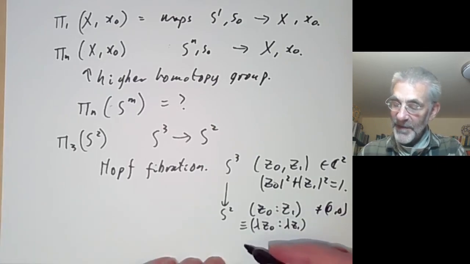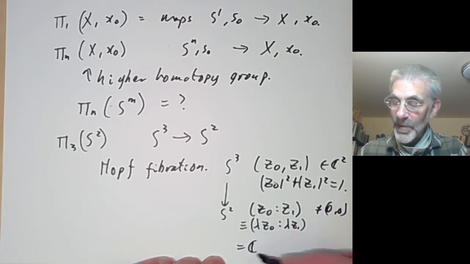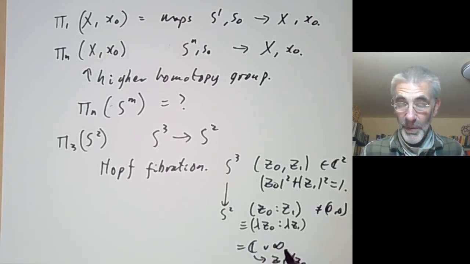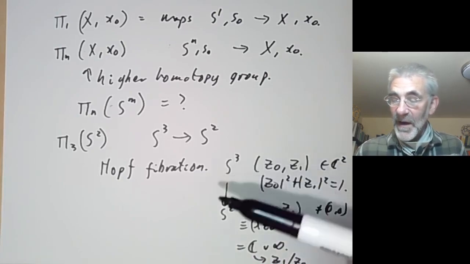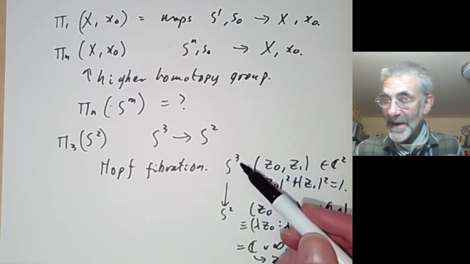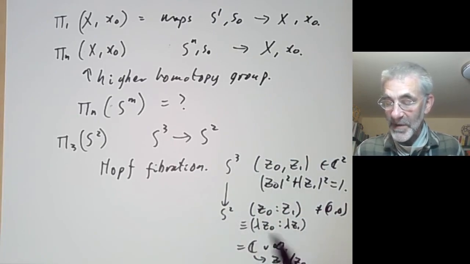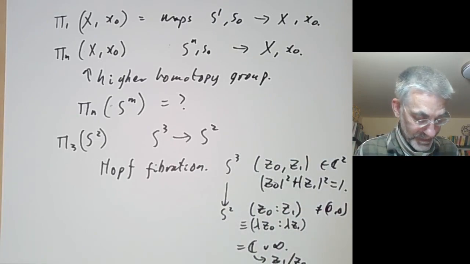And you can identify this with the complex line union a point at infinity, by just taking the quotient z1 divided by z0, which will usually be a complex number but might be infinity. So we've got a nice map from S3 to S2, where S2 is thought of as the complex projective line.